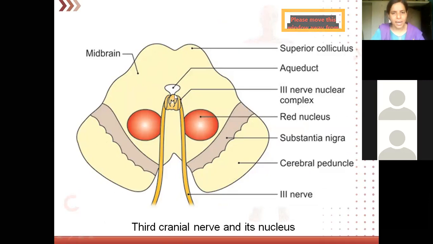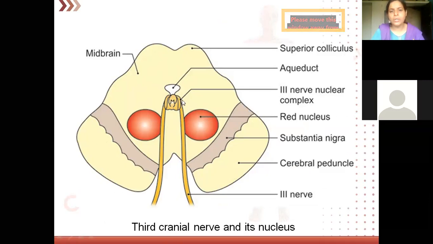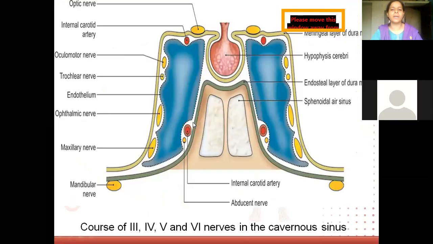Here we have the nuclear complex of the third cranial nerve. From the right side the right oculomotor nerve is coming, from the left side the left oculomotor nerve is coming. So the point of origin of this oculomotor nerve is the midbrain.